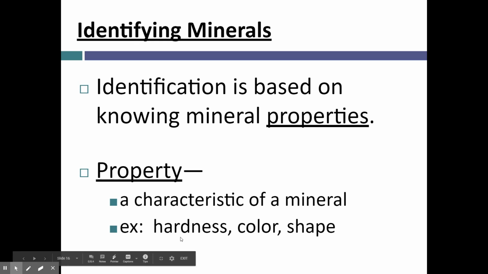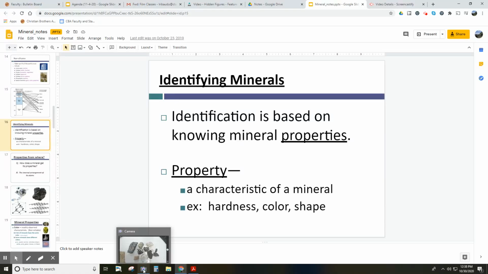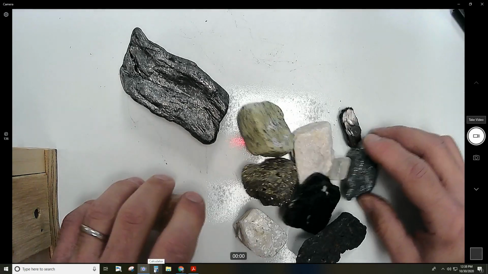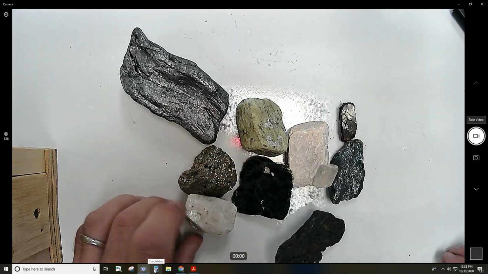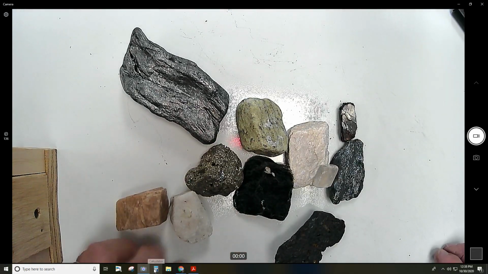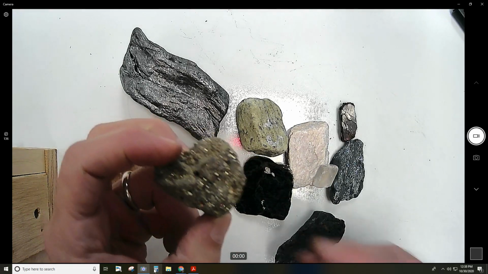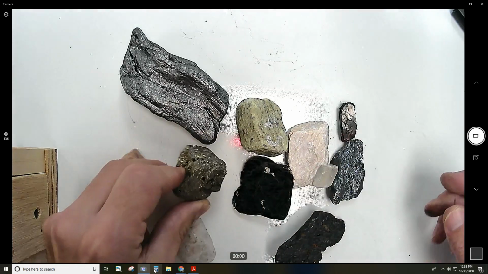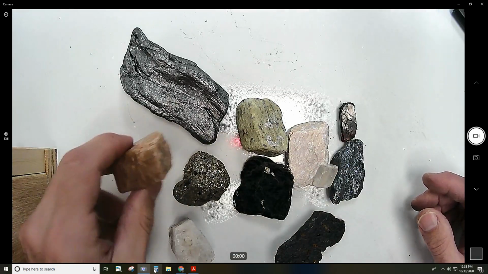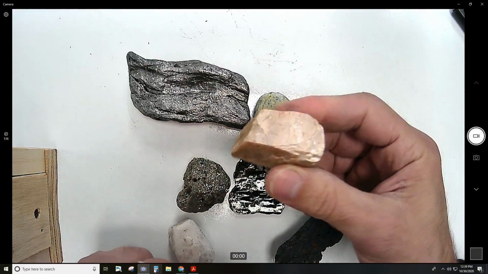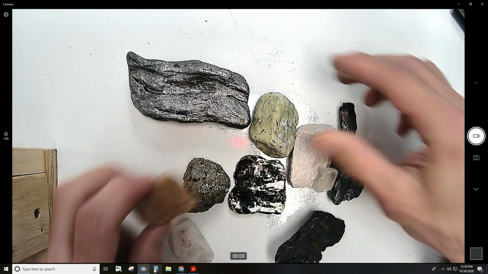And that's what makes them unique. Okay, so let me just show you some examples of some minerals here on my desk. I have a few here, and all of these are minerals, but they're all very, very different looking. They have totally different structures. They have a different color to them, different hardnesses. Some are soft, some are hard. Some rub off on your fingernail really easily, and some are really, really hard. They would scratch glass, like this one and this one.